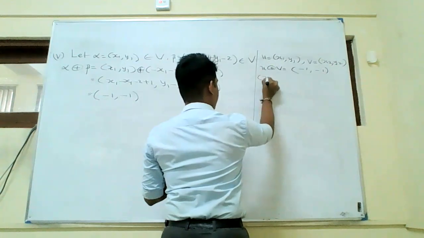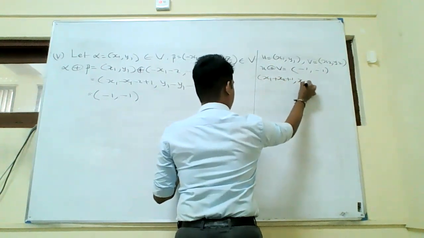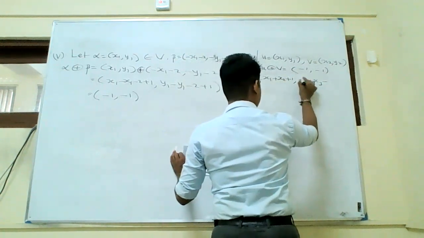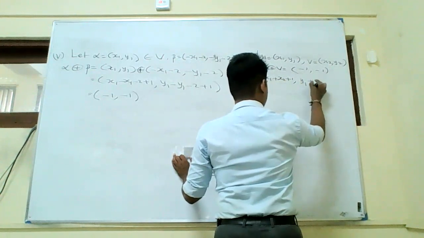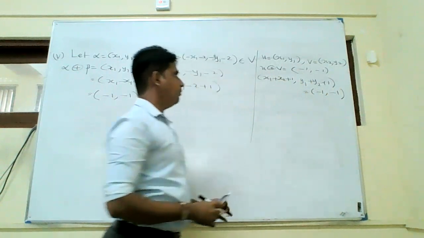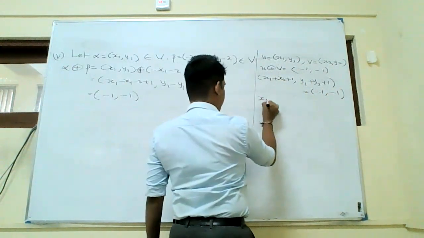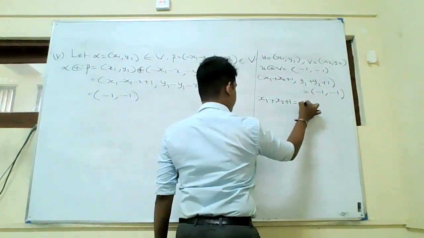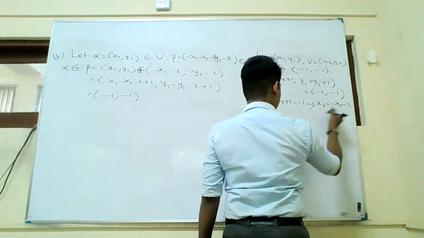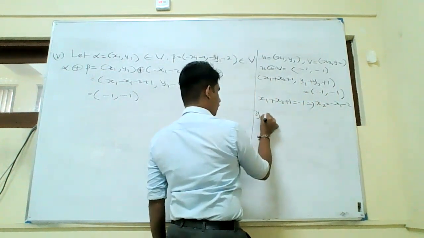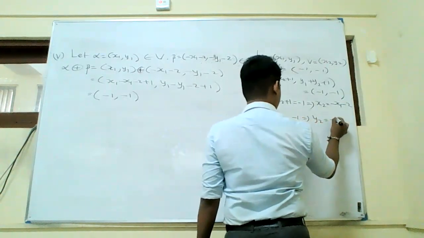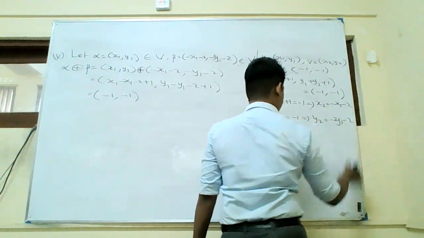So x1 plus x2 plus 1, y1 plus y2 plus 1 equals minus 1, minus 1. Coordinate wise, these elements are equal, so x1 plus x2 plus 1 equals minus 1, which implies x2 equals minus x1 minus 2. Similarly, y1 plus y2 plus 1 equals minus 1, then y2 equals minus y1 minus 2.